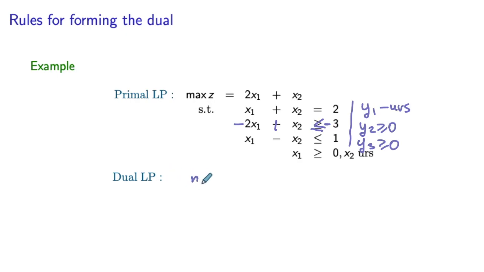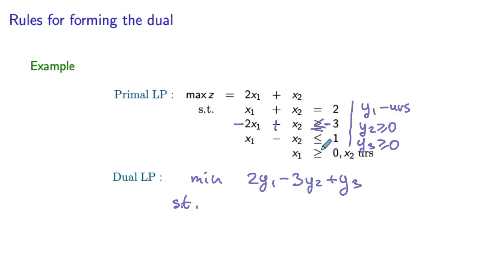The objective is to minimize 2y1 minus 3y2 plus y3. So we use the right hand sides as the coefficients in the objective here. And then subject to, for the first constraint, first of all we need to look at the type of the variable, right?